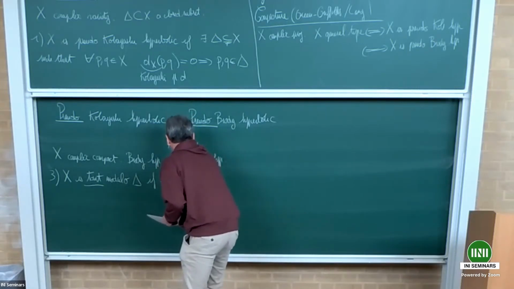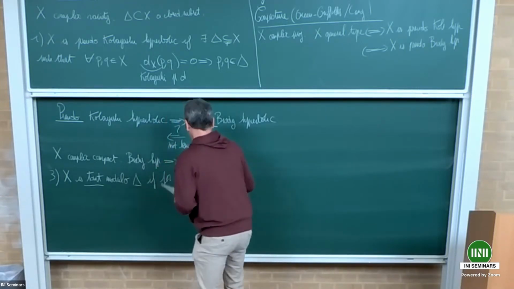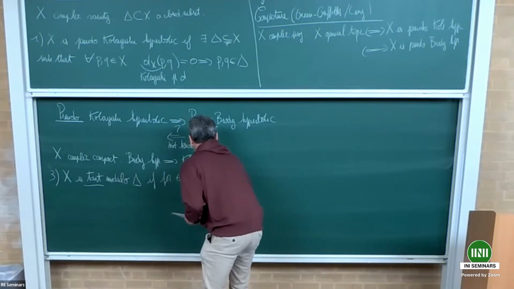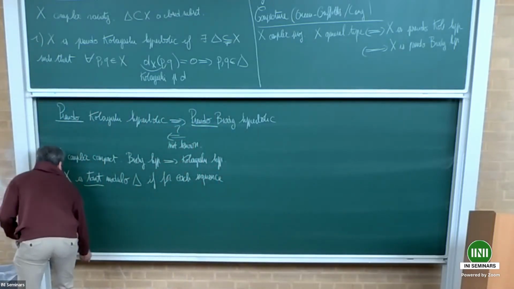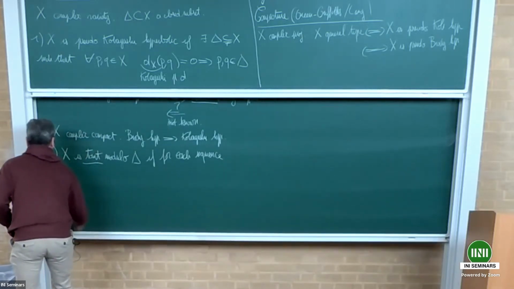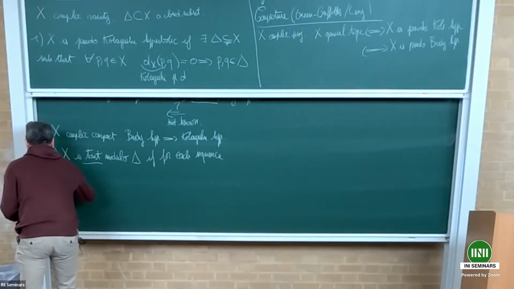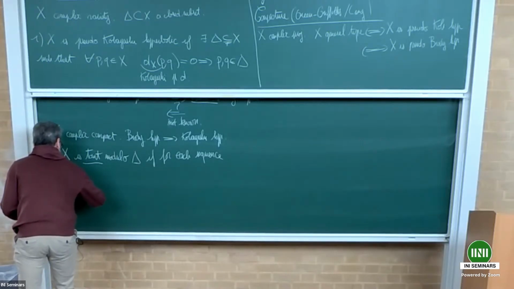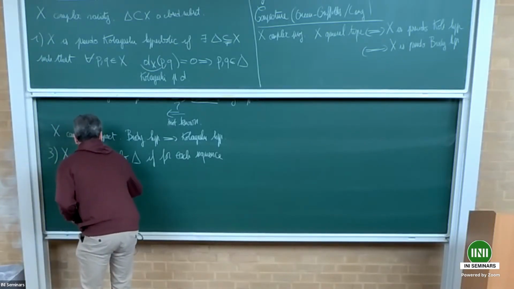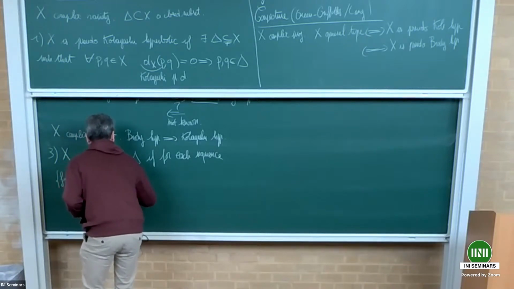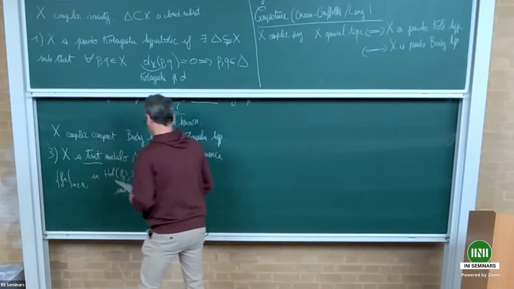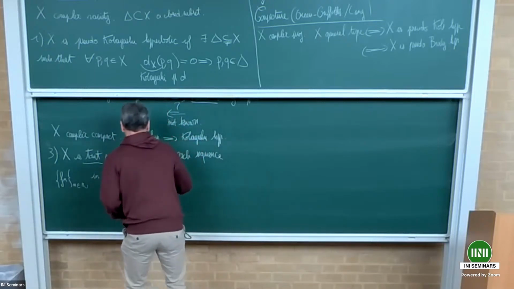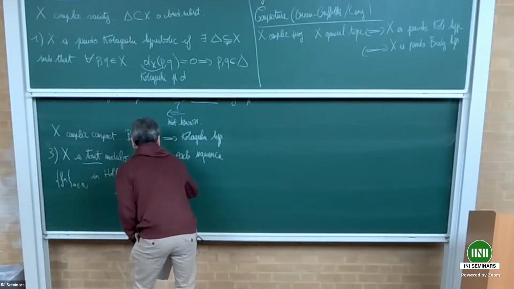So for each sequence of holomorphic maps from the disk, so you pick a sequence in the space of holomorphic maps from the unit disk to X, if for each sequence one of the following is true.